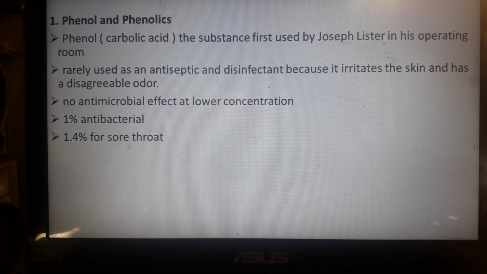Usually it is also used to inhibit the growth of bacteria. There is no antimicrobial effect at lower concentrations of phenol. Phenol has 1% antibacterial effect and 1.4% is used for sore throat.